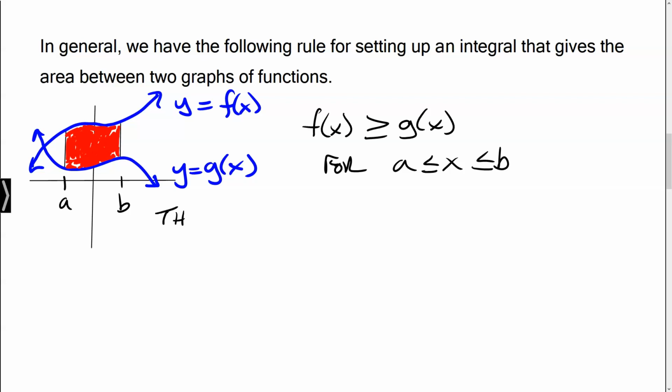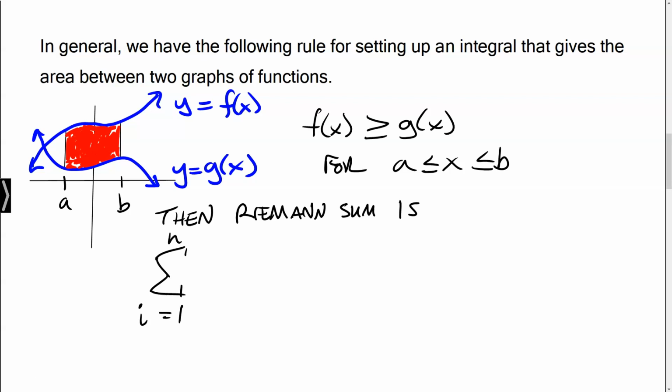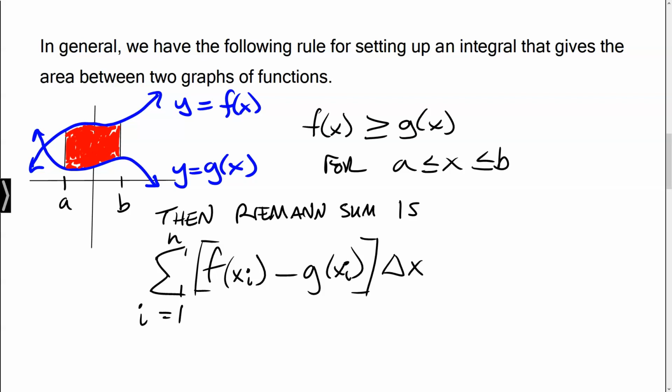Then we would get the Riemann sum just in the way that we just did. It would be the sum from i equals 1 to n of f of xi minus g of xi, where xi are, again, some sample points, times delta x. And just as in the previous one here, we can assume that these are all equal sub-intervals, so these are all b minus a over n.